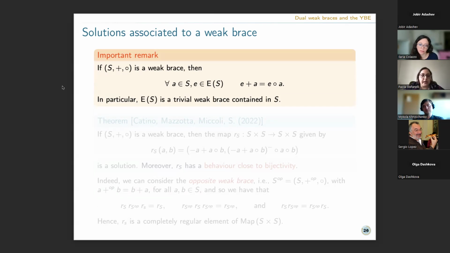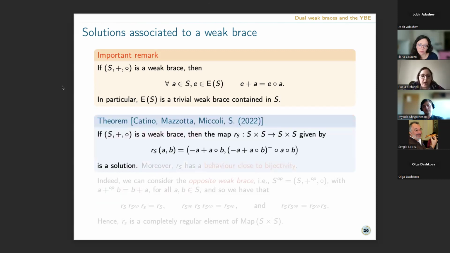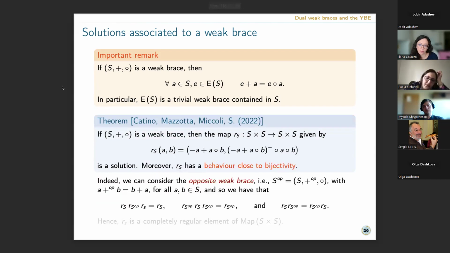And this is a key property that allows us to show that any weak brace produces a solution. Moreover, this solution has a behavior close to being bijective. Indeed, if we consider the opposite weak brace, and it makes sense to consider this structure, of course, we obtain that RS satisfies these three identities together with the solution associated with the opposite weak brace.